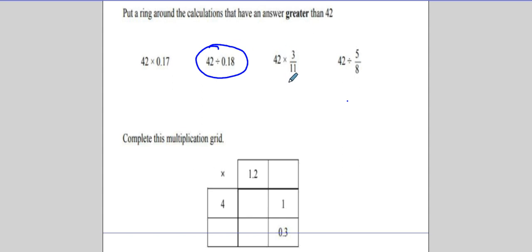42 times 3 divided by 11, no. 42 divided by 5 over 8, yes, because this will be 42 times upside down. So 42 times 8, yes, this will give you an answer greater than 42.